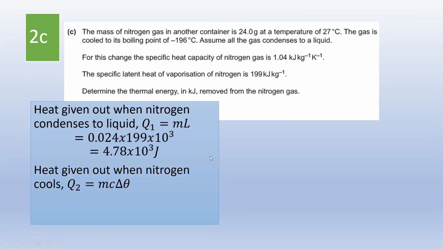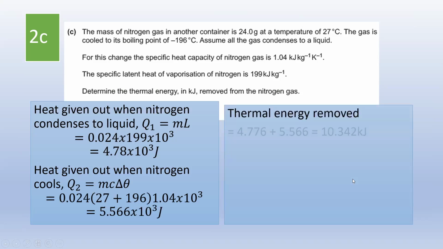And heat given out when it cools from this temperature. Okay, m there's a c. You just add the two together. Minus minus plus, oh, minus minus become plus. So add the two together, they want it in kilojoule. Right, round it up to three significant figures. Okay or not? Okay.